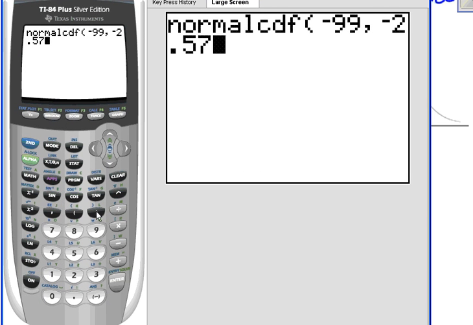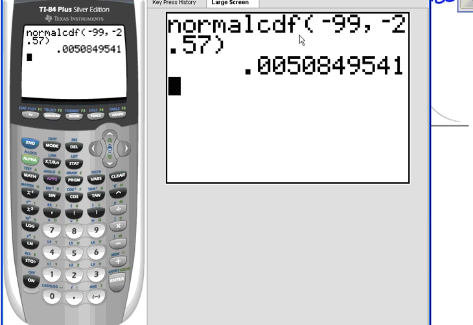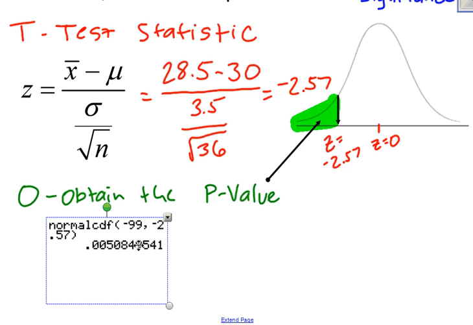Negative 2.57. I press enter, and there is the area under the curve. Let me bring this over here so we can see it. And the p-value is equal to 0.005, or approximately 0.005.